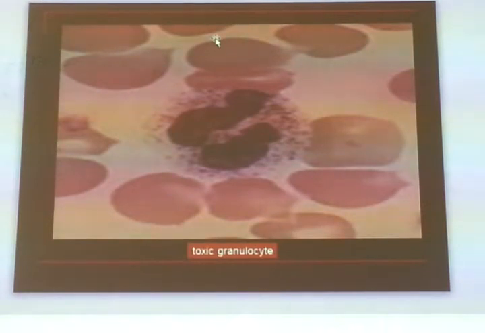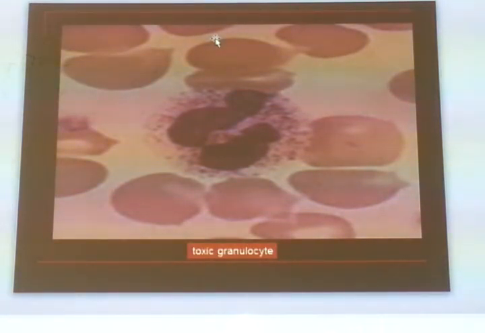Now, benign disorders. This is toxic granulation, or toxic granulocyte, meaning toxic neutrophil. If there is some very virulent, strong bacteria, the body will produce stronger granules in the neutrophil. This is the first line of defense.